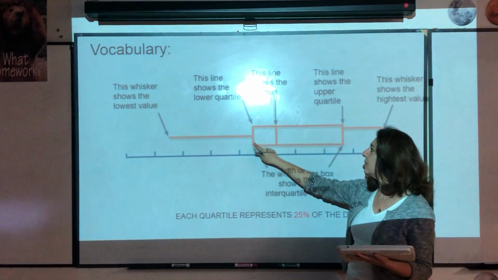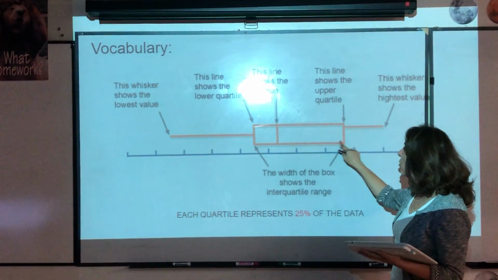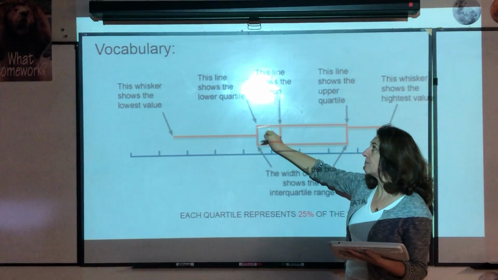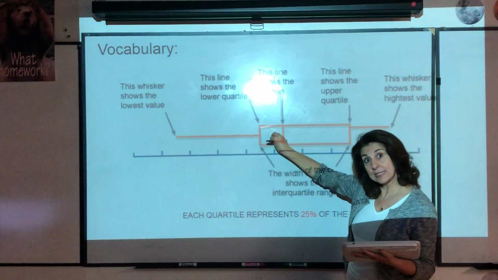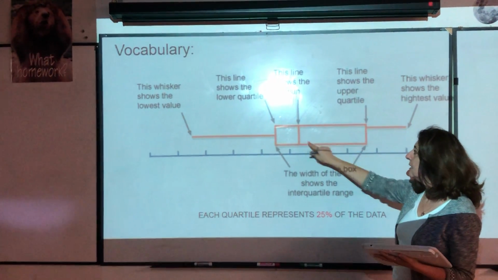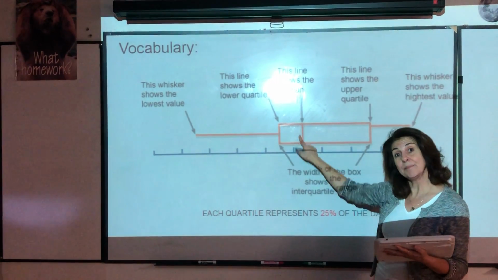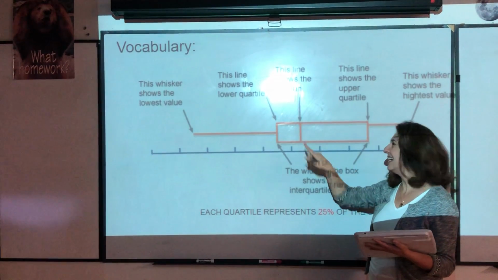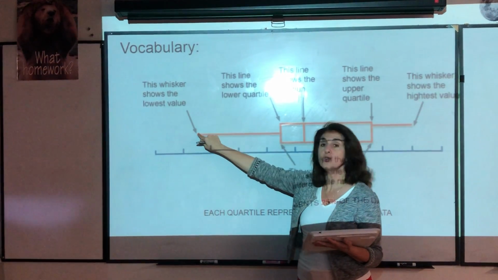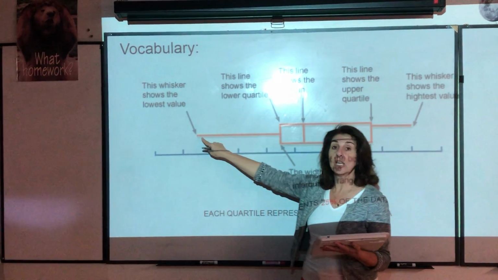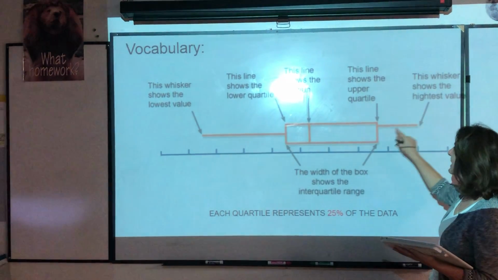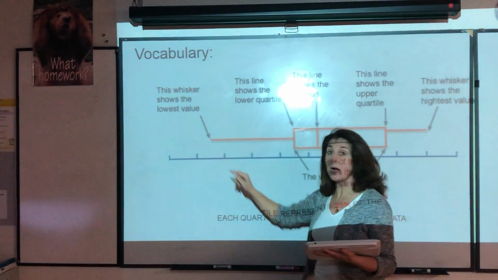So for the 3 numbers in the middle, we build a box. One part here representing one type of data, another part here, cut by the median. These 2 points that we found, the lowest number and the highest number, we connect them to our box.